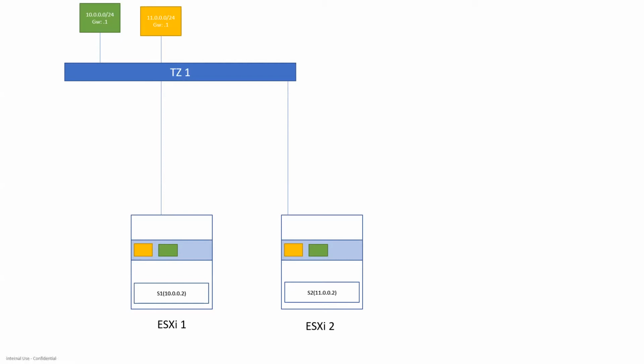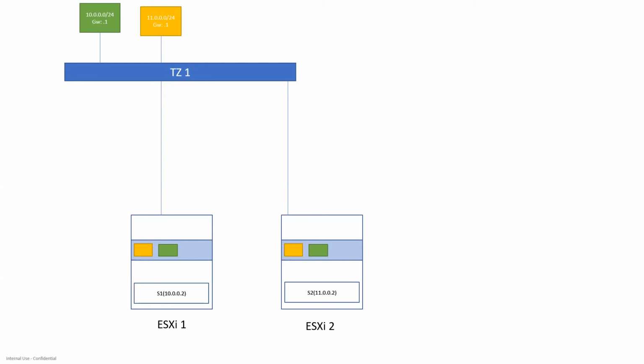So in an NSX-T fabric, there are two types of routers. One is T1, which is within the fabric, right? So if you take an example of a tenant and you want routing between the segments within a tenant, you use a T1 router. And if you want communication to outside the fabric, then you use a T0 router, right?